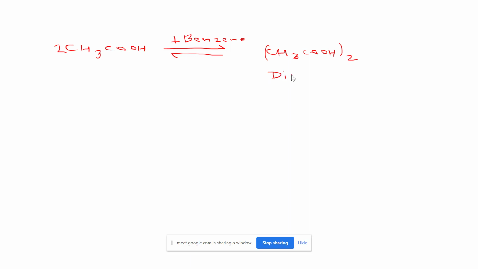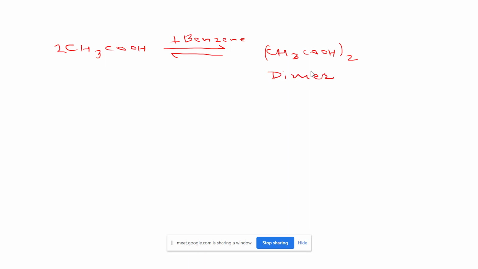Yes. And what's happening is, when we mix acetic acid in benzene solvent, two acetic acid molecules combine with each other and form a single entity, a single molecule. Here benzene is the solvent and acetic acid is the solute, and its molecular formula changes and it becomes like this, and this is known as the dimer of acetic acid.